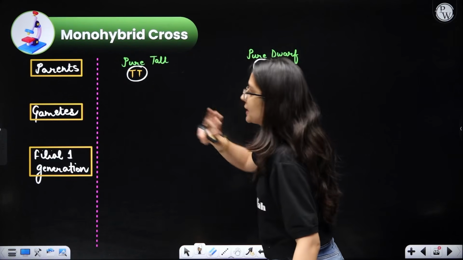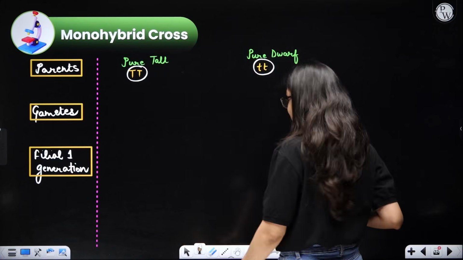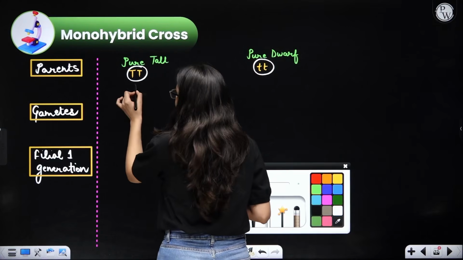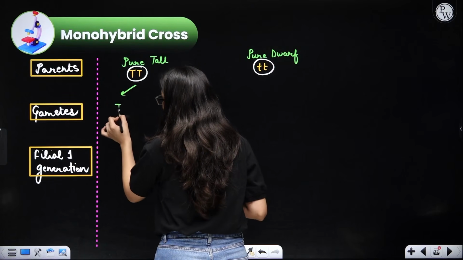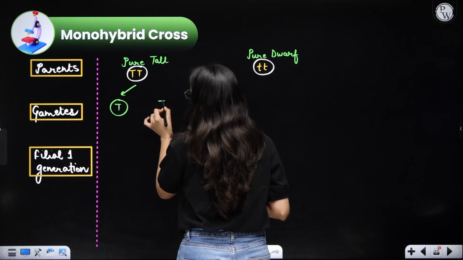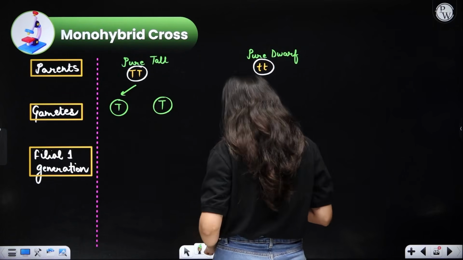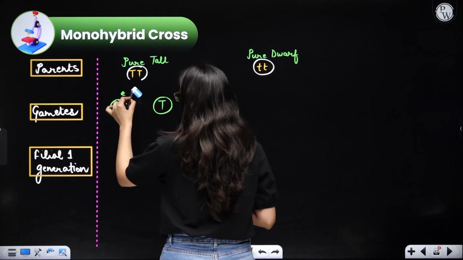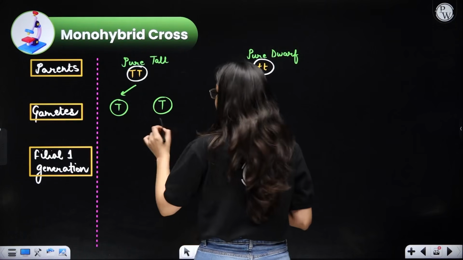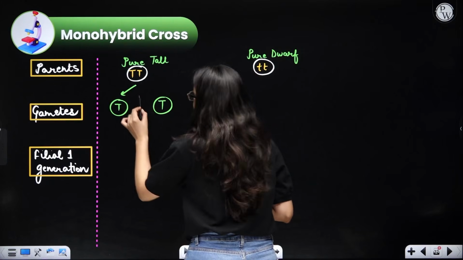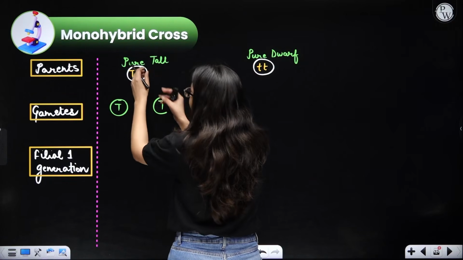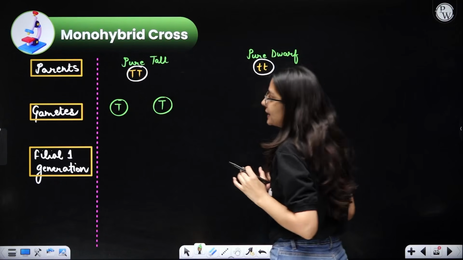Now when these parents form gametes, what will happen? When the parents form gametes, both alleles will separate. So one particular allele will go in one gamete and the other particular allele will go in the other gamete. How did this take place? Why did the two different alleles separate?